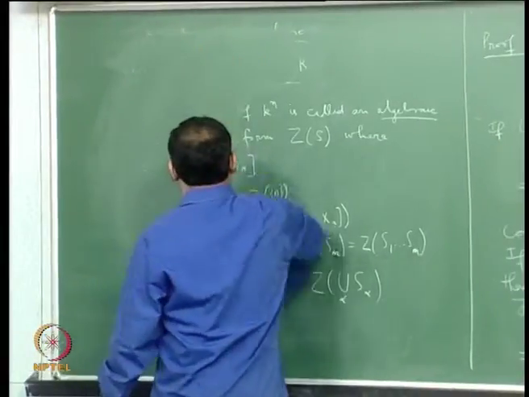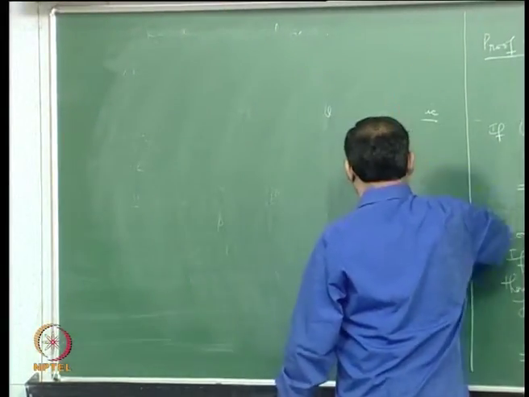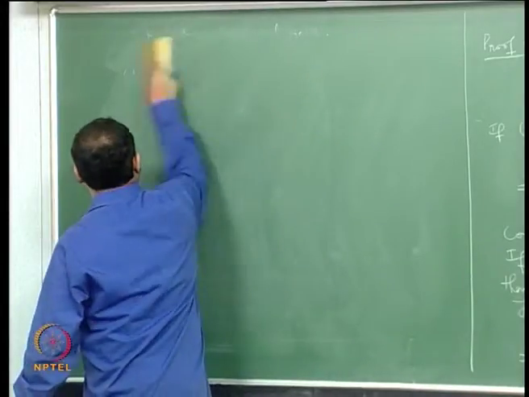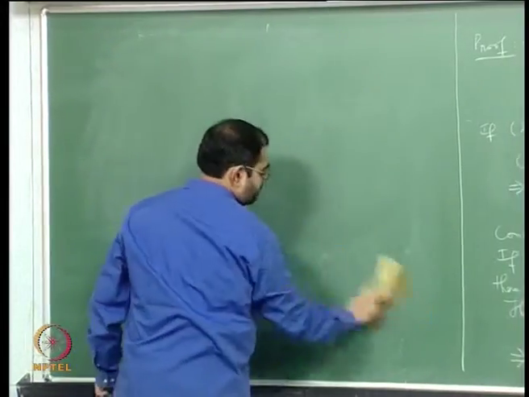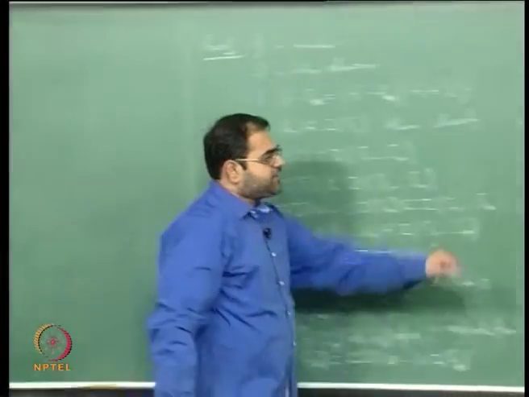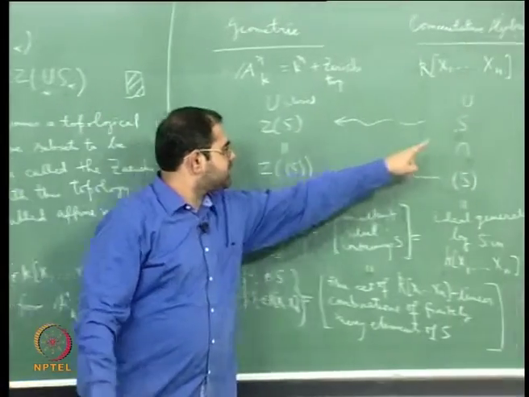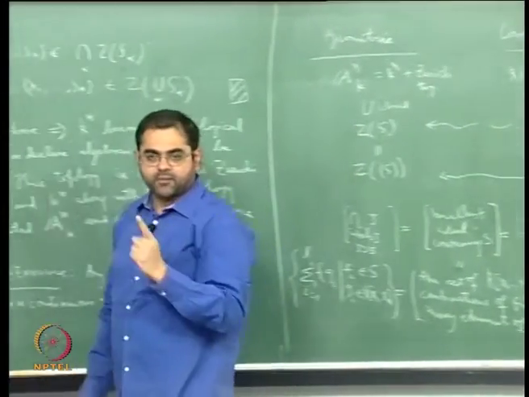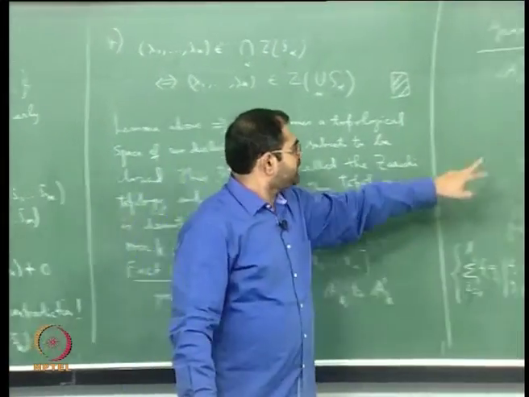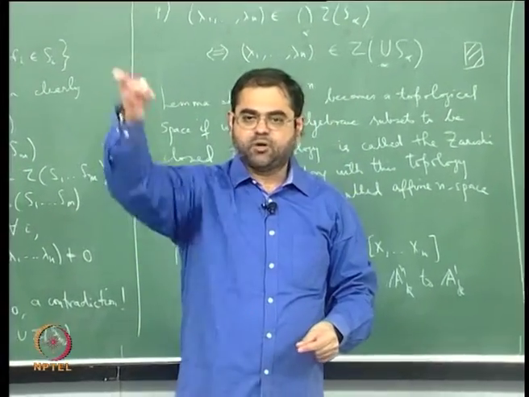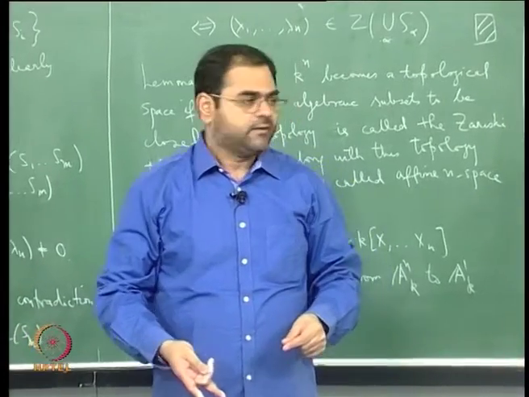See, the fact is that the worry comes from a very simple observation. See, even if my set S was a single element, that means S is only one polynomial, okay, then Z of S is just the 0 locus of that polynomial. This is a set of points where that polynomial vanishes, okay.